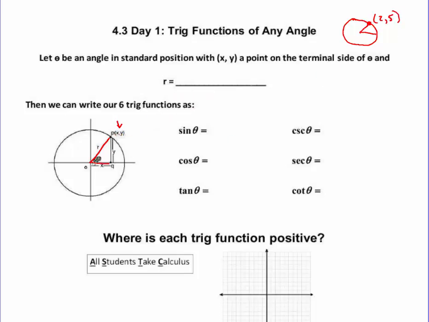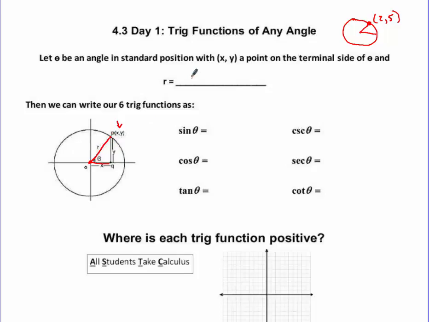So when that's the case, we have an x value and a y value, and they make a right triangle, because if you were going to go from the origin (0, 0) to this point (x, y), you would go over x and up y. That x and that y can be used to find this distance, the hypotenuse, which in a circle is called the radius.